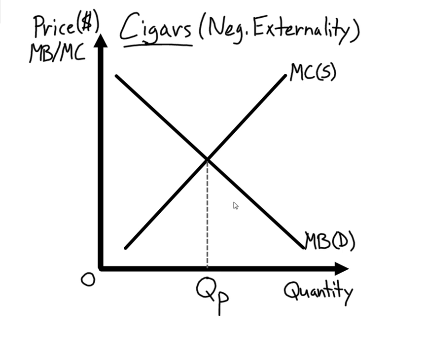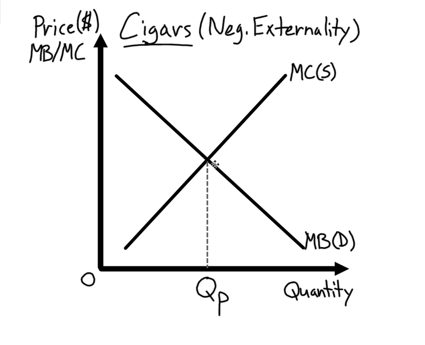Where does marginal benefit and marginal cost equal one another? I've labeled that quantity as QP because that represents the private market outcome. The private market decides among those people who actually make and smoke cigars, they're arriving at this quantity.